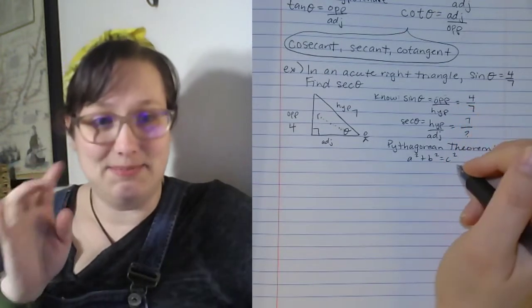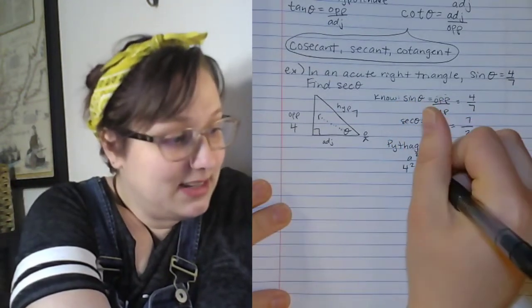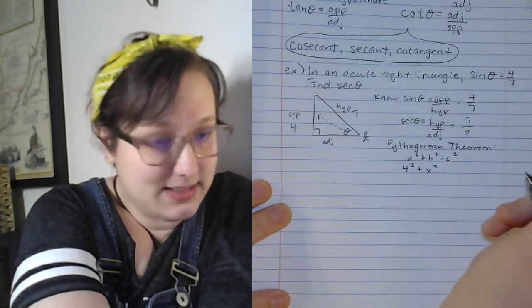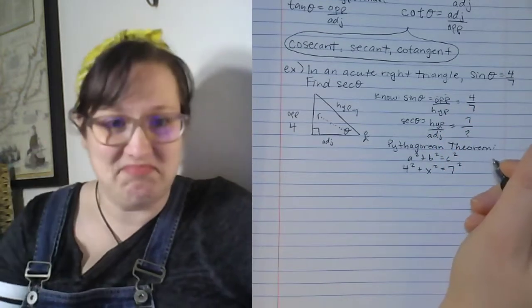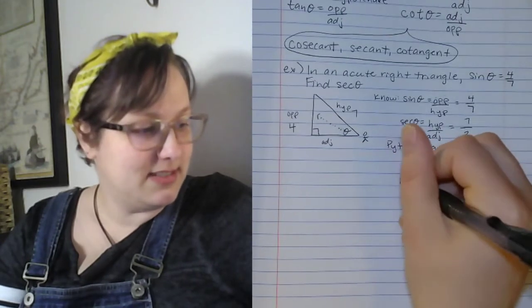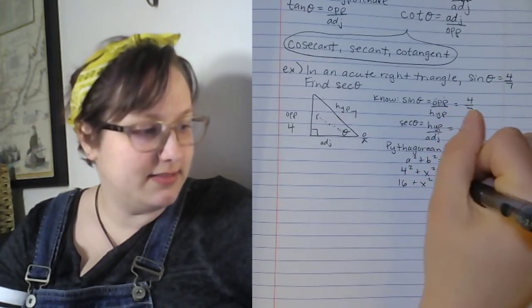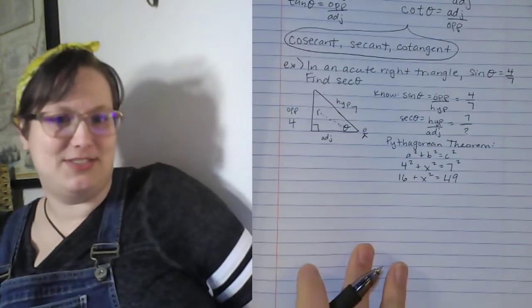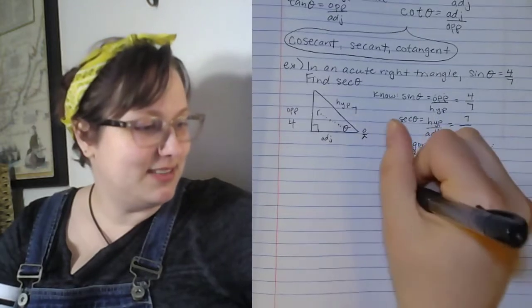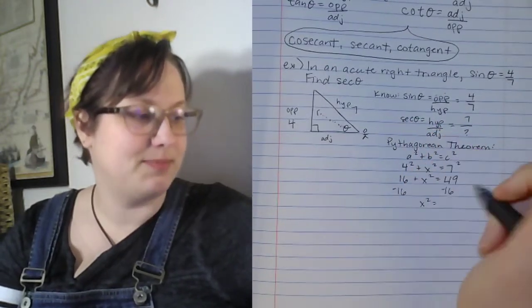It's the longest side. So what we know is that 4 squared plus x squared, I don't know the adjacent side, equals 7 squared. And then I do that math real quick. 4 squared is 16. 7 squared is 49. If I subtract the 16, I get that x squared equals 33.